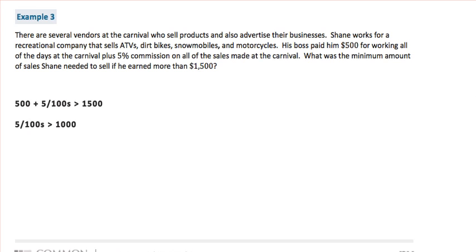And then we'll need to multiply by the reciprocal, which means we're multiplying by 100 over 5.